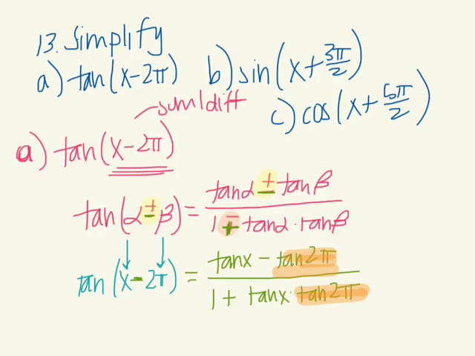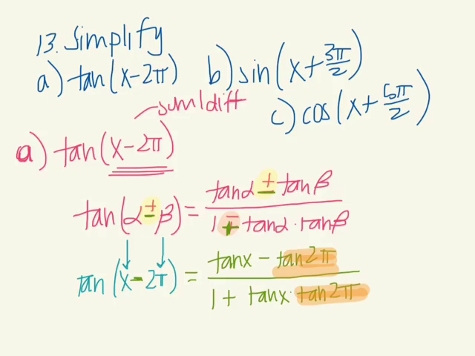Now you can either use your knowledge of the unit circle, or if you're not too sure because it has been quite a while, you can just type tangent of 2 pi into your calculator. Again make sure you're in radian mode because 2 pi is a radian measure. Tangent of 2 pi is 0.